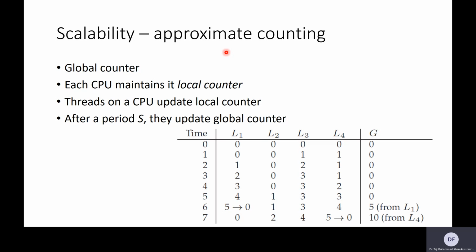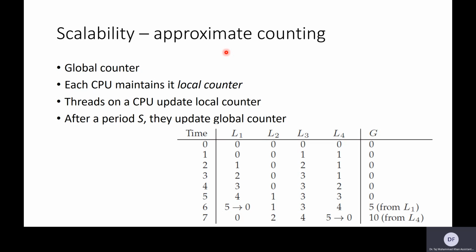If it is 5,673, this exact number is not important. The fact that 5,600-something people have passed gives them a good enough idea of how many people have passed through all the gates in all the hostels. So this is an example where we are doing counting, but the exact value of the counter is not important to us. A rough idea is good enough.